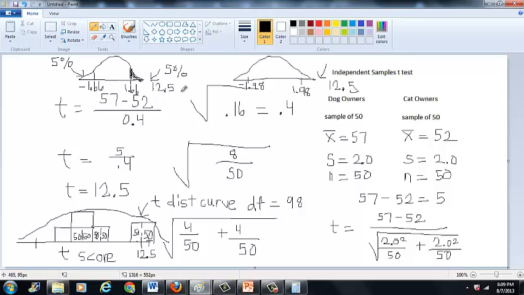If we were doing a two-tailed test, the p-value would be the percent at and above 12.5 added to the percent at negative 12.5 and to the left. It would be this area added to this area, at or beyond negative 12.5.